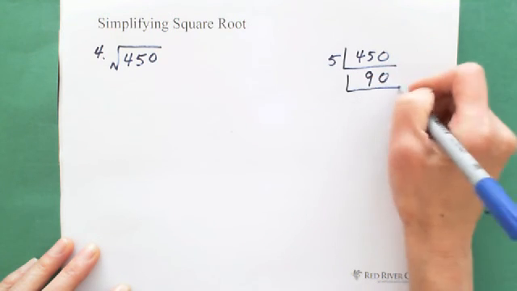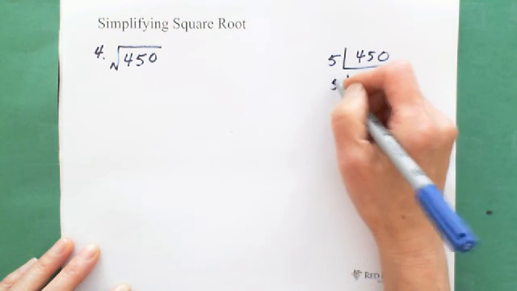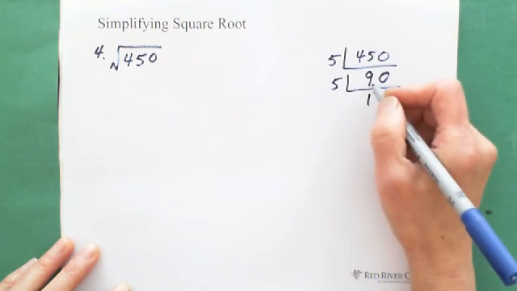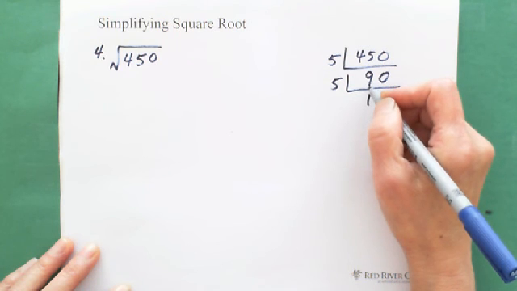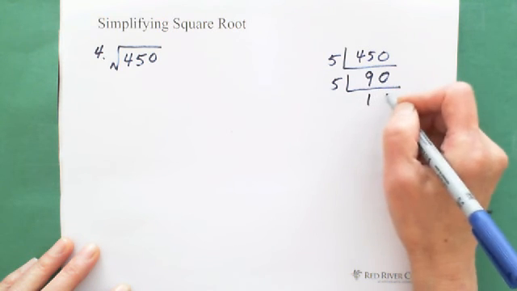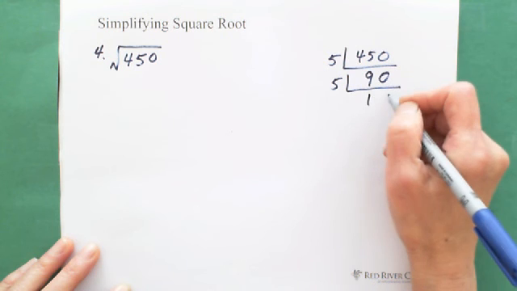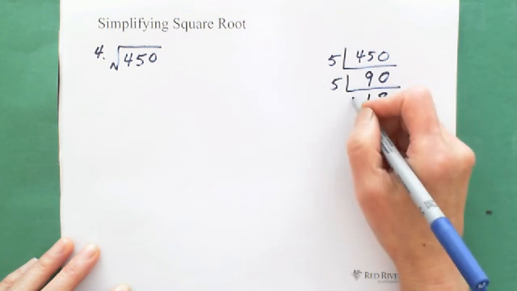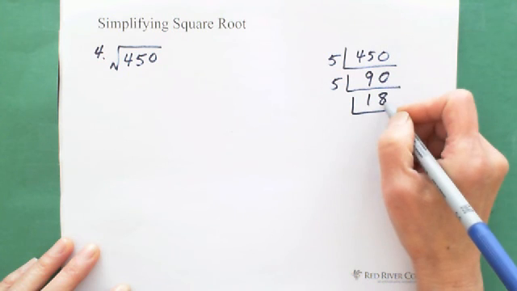And 90 is still divisible by 5 again, because we're looking for pairs. So this is 1, 9 and 4 remainder, 40 divided by 5 equals 8. So now we have 18.